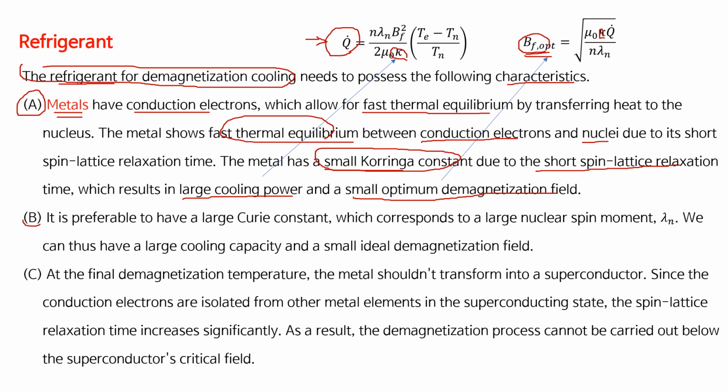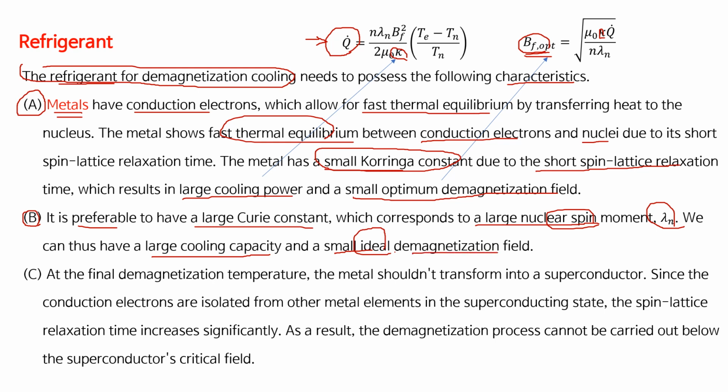Second, it is preferable to have a large Curie constant, which corresponds to a large nuclear spin moment lambda n. We can thus have a large cooling capacity and a small optimum demagnetization field.